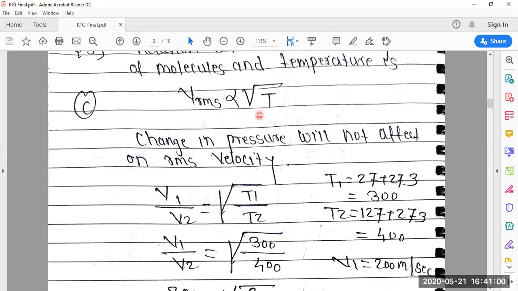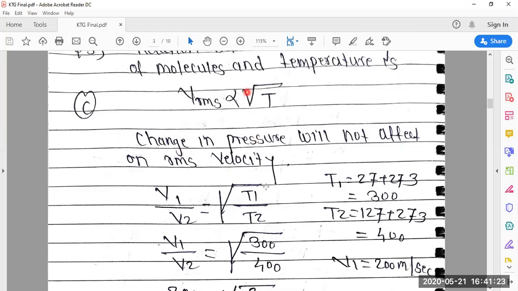We know that this RMS velocity is directly proportional to the square root of the temperature. The pressure value is given for 27 degrees Celsius as well as 127 degrees Celsius. But this RMS velocity is independent of the change in pressure. So there is no effect of change in pressure on the RMS velocity.